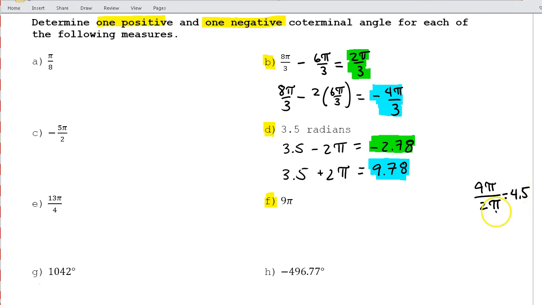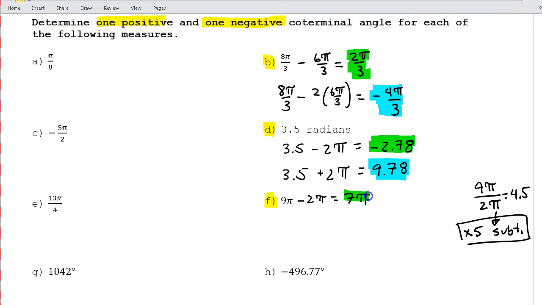coterminal angle. So really what this is telling me is that I'm going to have to go 5 times around, or multiply by 5 for my 2 pi. And we're going to subtract in order to get a negative coterminal angle. So let's just start by subtracting 2 pi once. That'll give us another positive coterminal angle, so that's 7 pi.